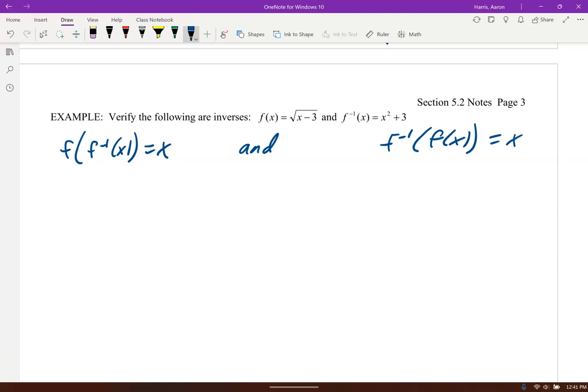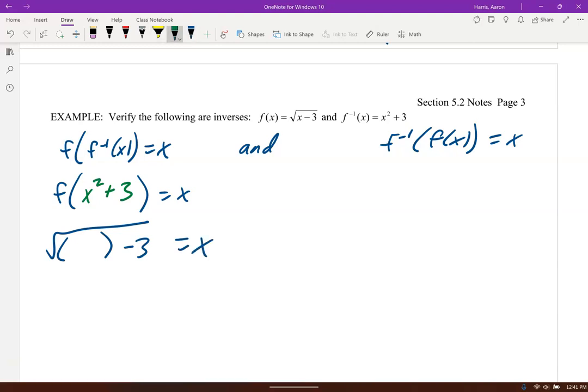So f of f inverse. Well, f inverse is x squared plus 3. And so I'm using f, which is the square root of x minus 3, and I'm plugging that f inverse in. x squared plus 3.